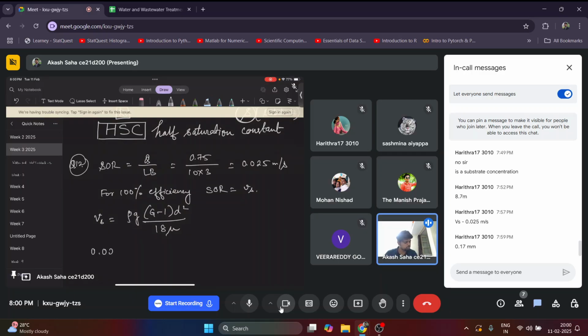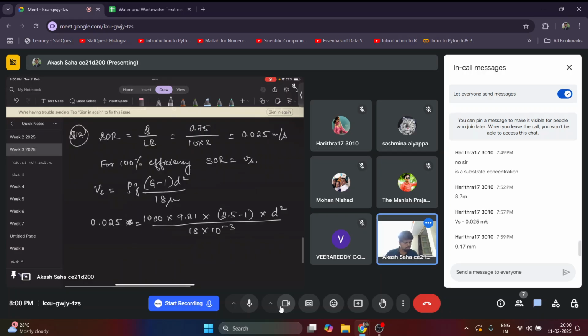So 0.025 will be equal to 1000 into 9.81 into (2.15 minus 1) into d square by 18 into 10 to the power minus 3. So my d will turn out to be 0.something. This answer is in mm. You will get the answer in meter, but I gave it in mm. So this is how you have to do it. Yes, Saritra, you are right.